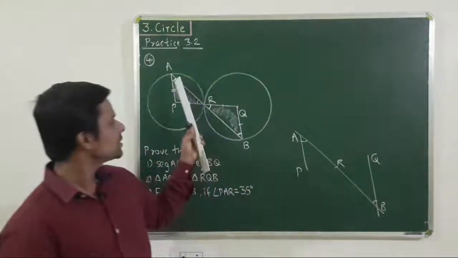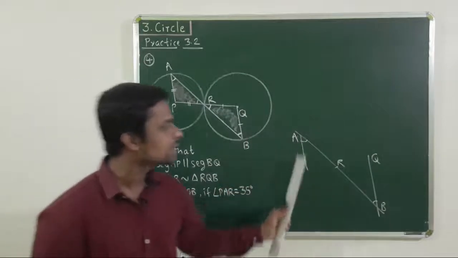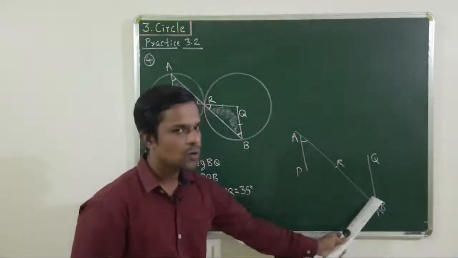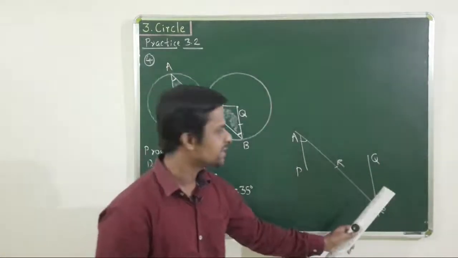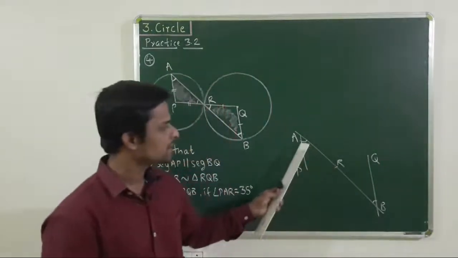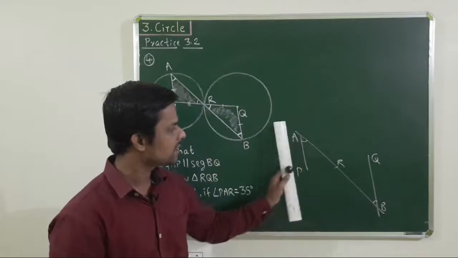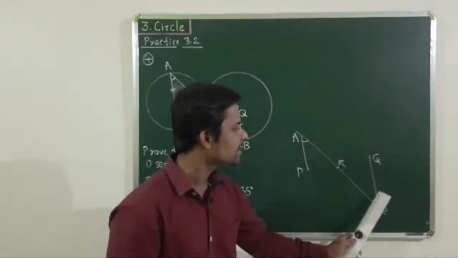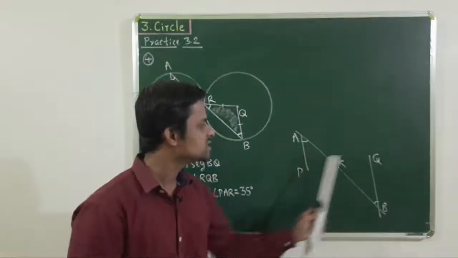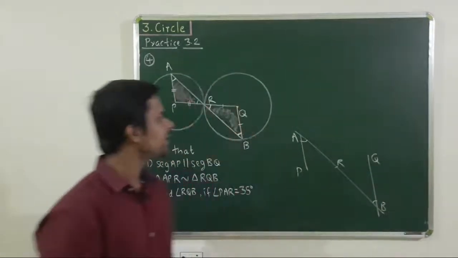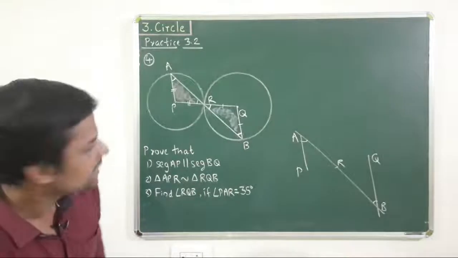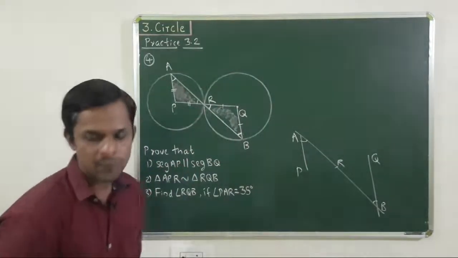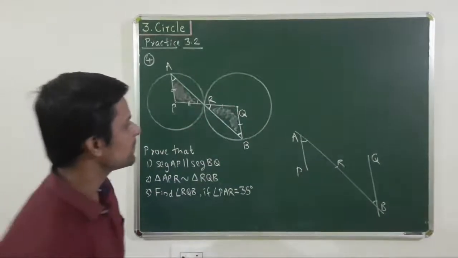Since alternate angles are congruent, by the alternate angles test that you have learned in the previous year, AP is parallel to QB. Now I'll write this. We got AP parallel to BQ. This first one we have proved. Now we'll write this step by step.